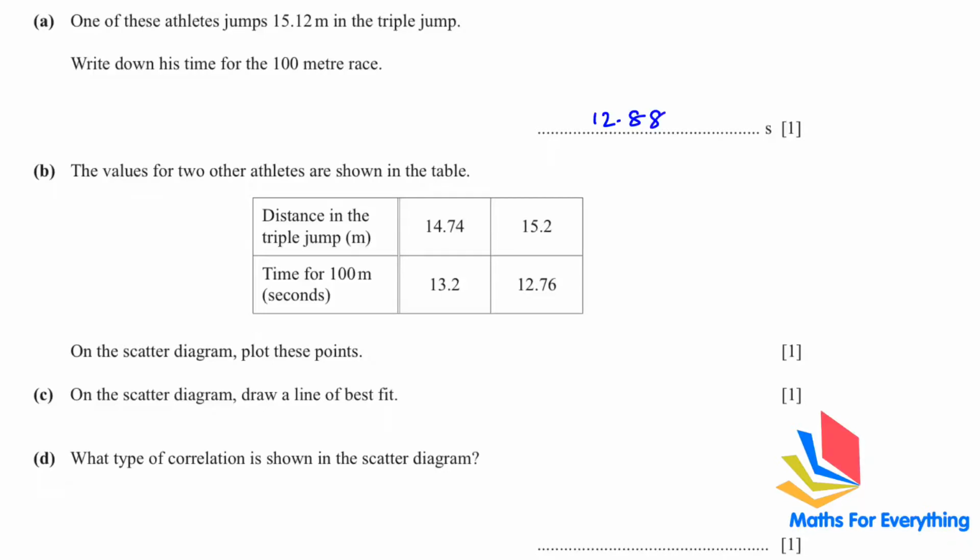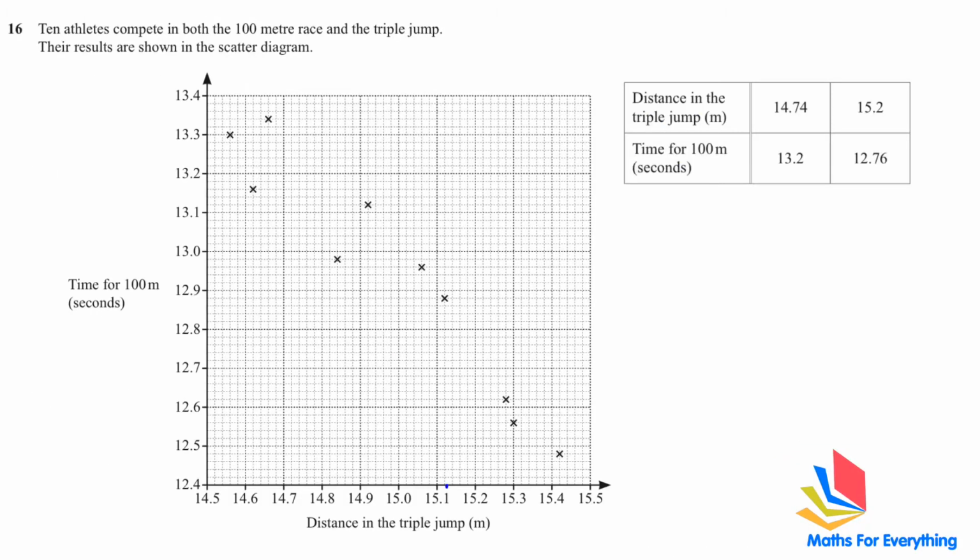Next question. The values of 2 other athletes are shown in the table. Distance in the triple jump and time for the 100-meter in seconds. On the scatter diagram, we have to plot these points. So the first point is 14.74. 14.74 is here and the corresponding time is 13.2.